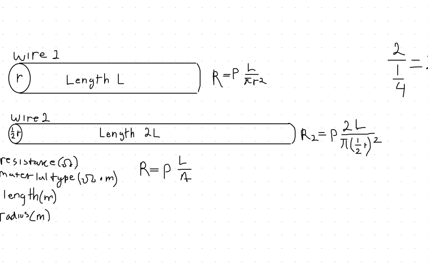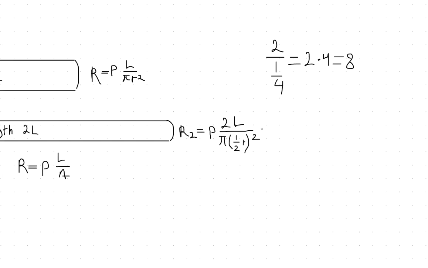And so when we square the bottom, 1/2 squared is 1/4. And so now we have 2L over 1/4.